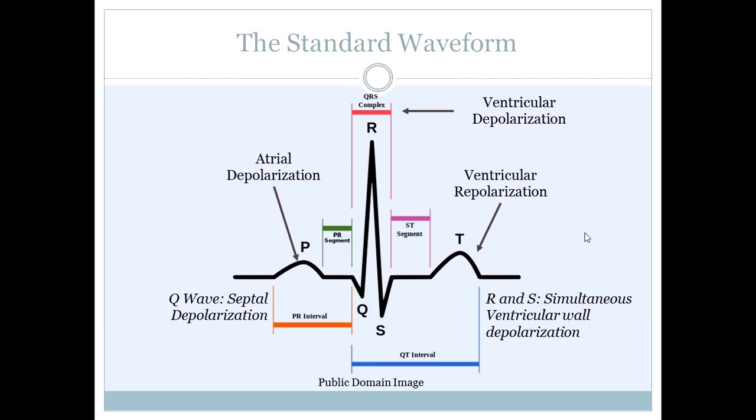You will note on this diagram that each of the individual waves represents a particular section of that cardiac cycle.